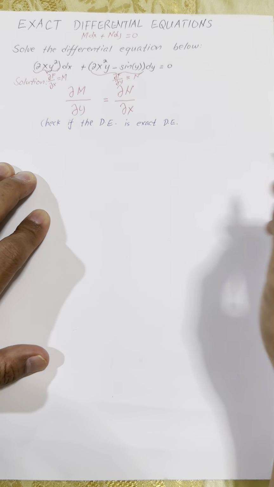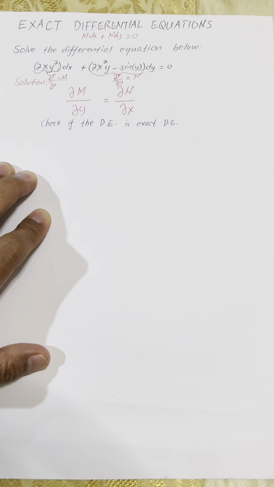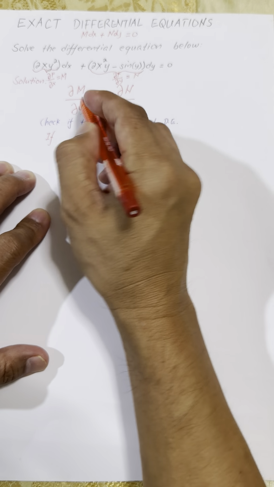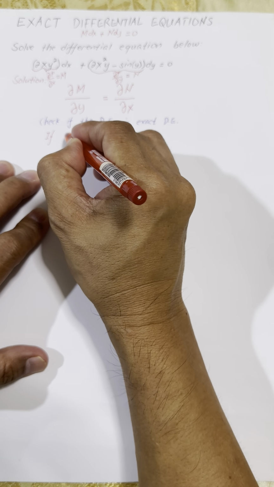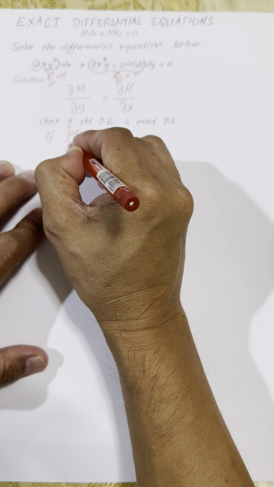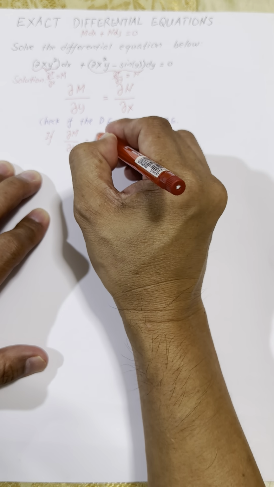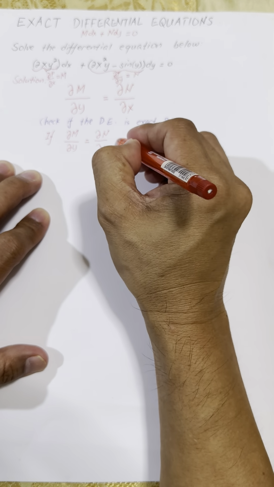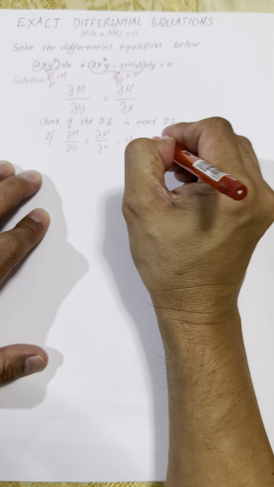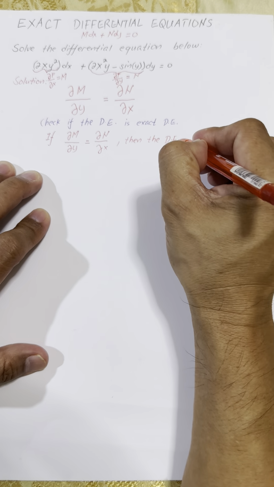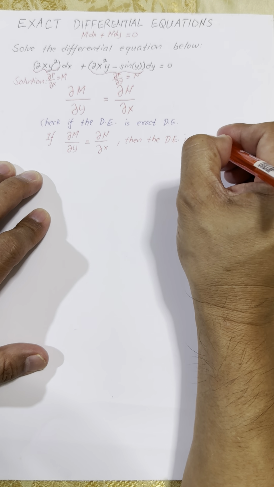Okay? So, as mentioned above, if the partial derivative of M with respect to y is equal to the partial derivative of N with respect to x, then the given DE is exact.